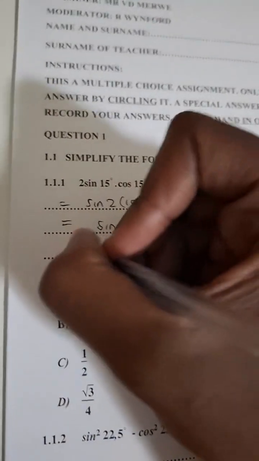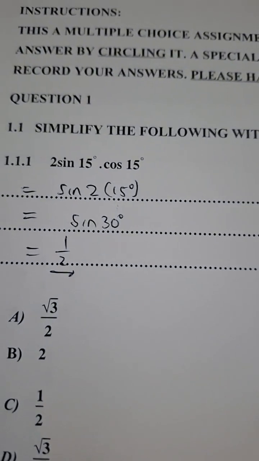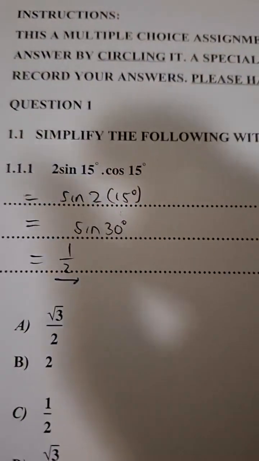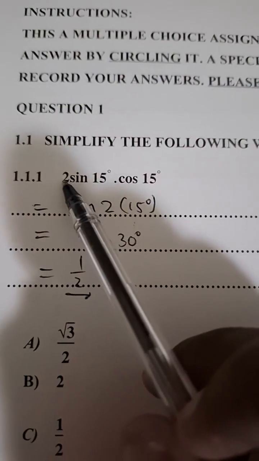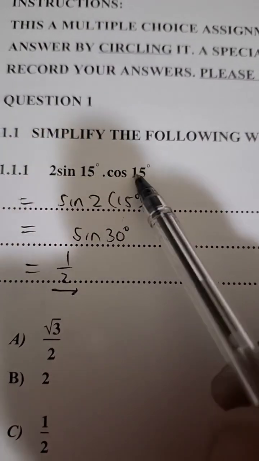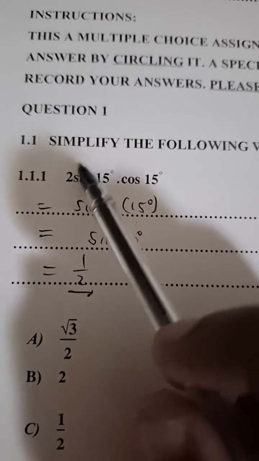The answer is what? It's half. All that they are checking here is, can you actually utilize your compound and double angles? In as much as you are able to expand your double angles, you must also be able to write them in reverse.